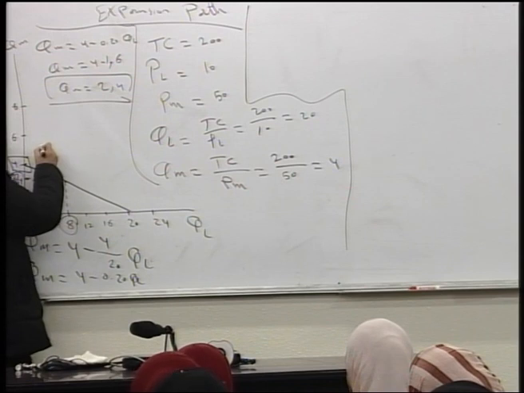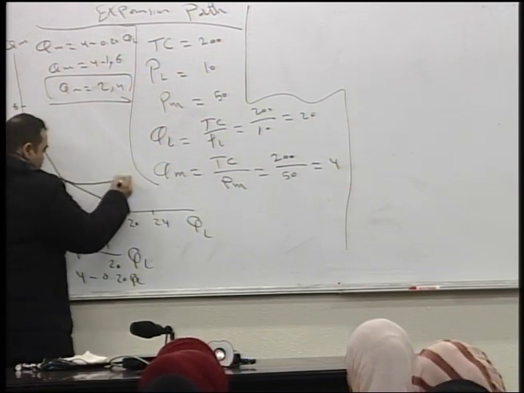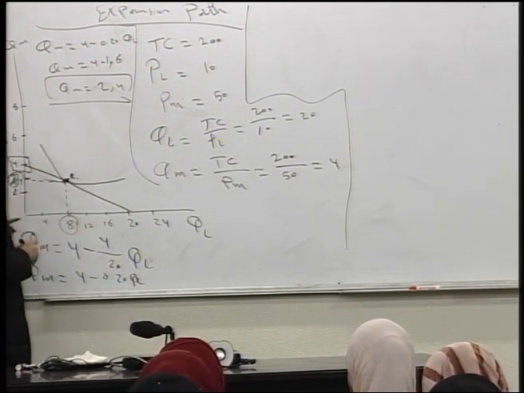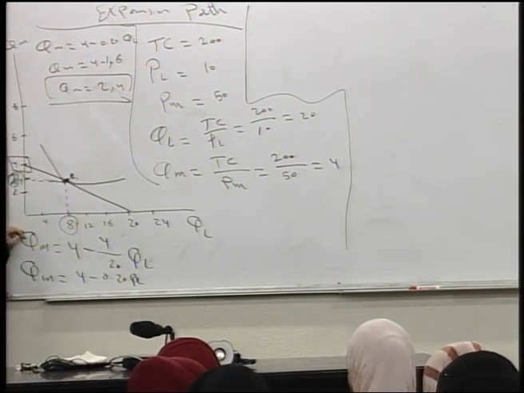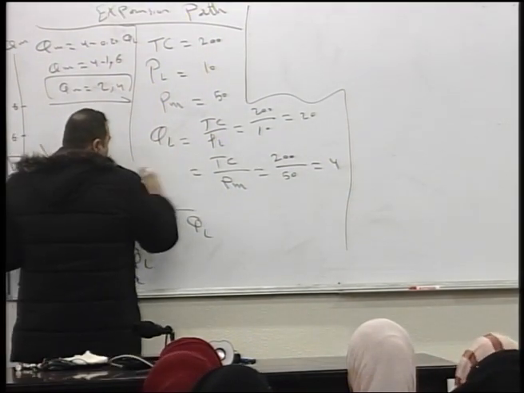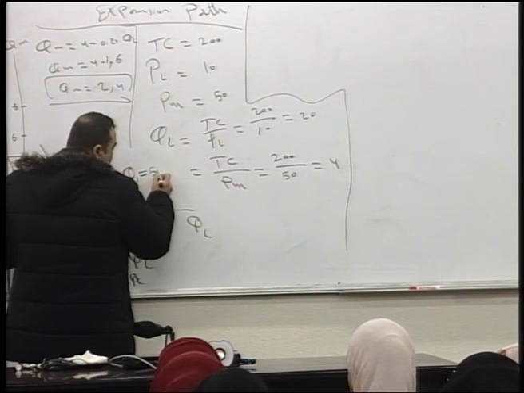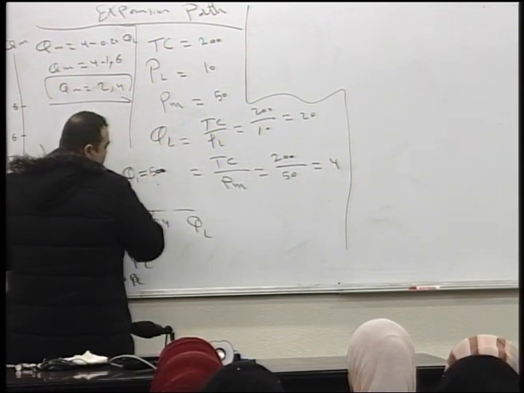Here is the equilibrium, E1. At equilibrium this business produces 500 units, 500 chairs.